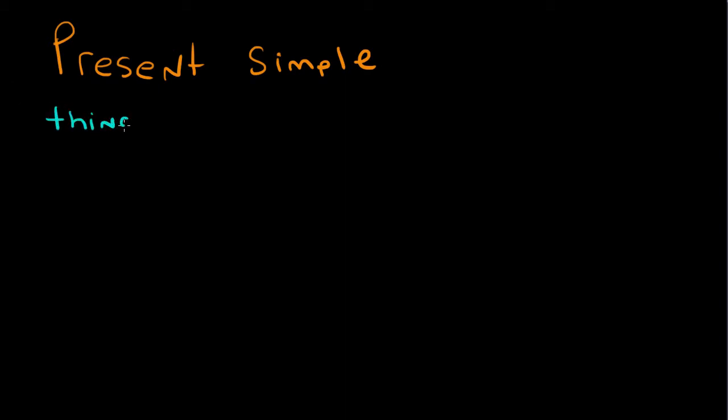After you watch this video, you will be able to understand the present simple in English. So let's look at some examples of why we use the present simple in English. We use this present simple to talk about things in general.